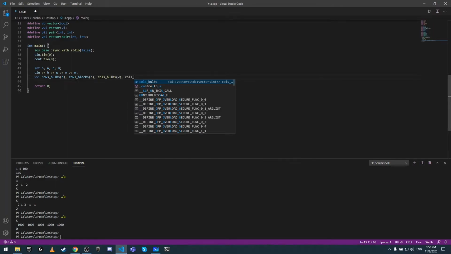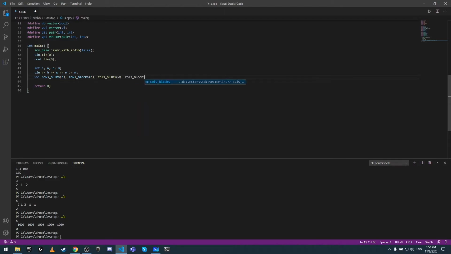Calls blocks of width, and now we go for, we basically read this.